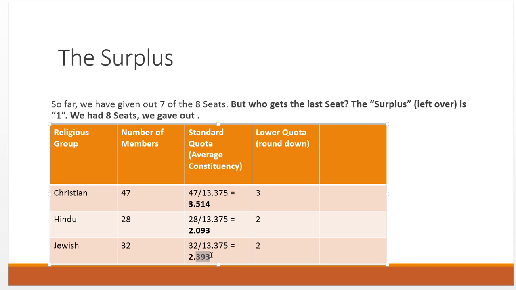In this case, we only have 1 extra seat, so we're going to find the largest leftover decimal value, and that's the group that's going to get the extra seat. And if you think about it logically, that makes sense because they were the closest to qualifying for that extra seat. So here's what that looks like in the end.